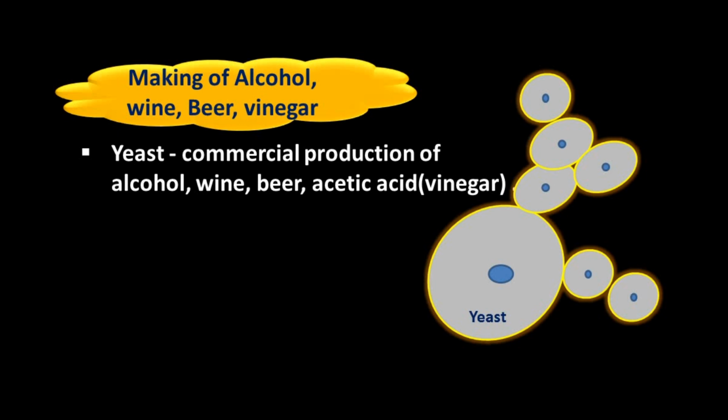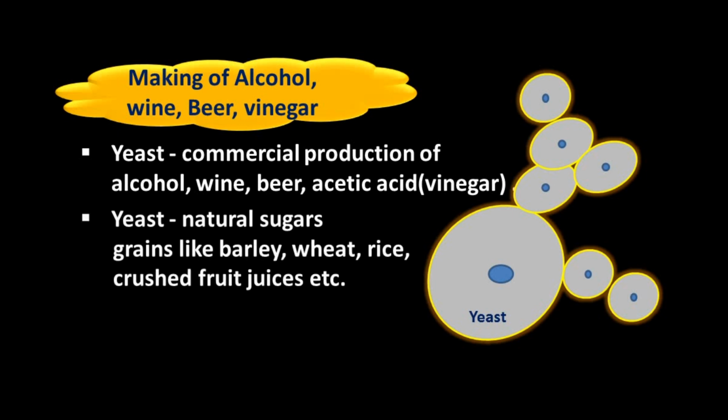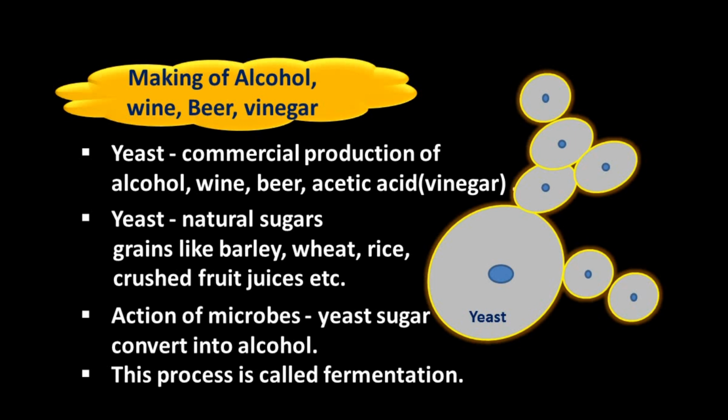For this purpose, yeast is grown on natural sugar present in grains like barley, wheat, rice and crushed fruit juices. So these food items contain natural sugar, and this natural sugar is converted into alcohol. Due to the action of microbes, yeast sugar converts into alcohol.